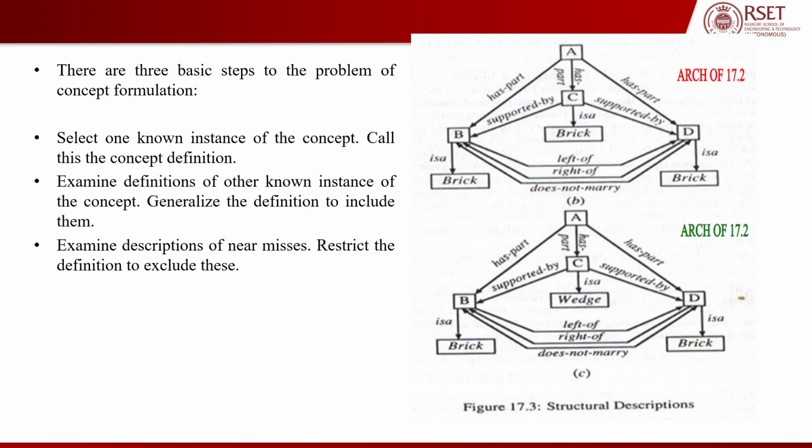For example, when learning what qualifies as a good project report, students observe high quality reports, identifying common features such as clear structure and proper formatting, and then avoid mistakes seen in weaker reports. Through repeated refinement, the concept becomes more precise and reliable.